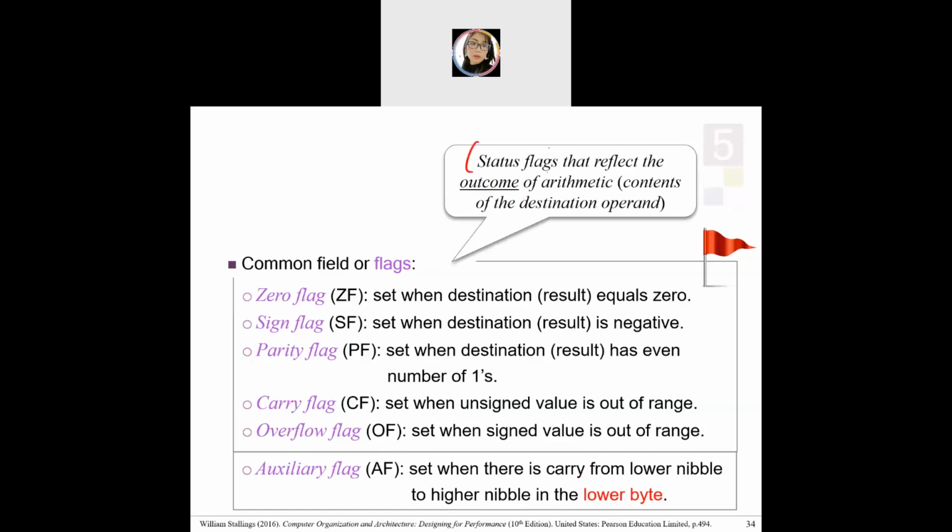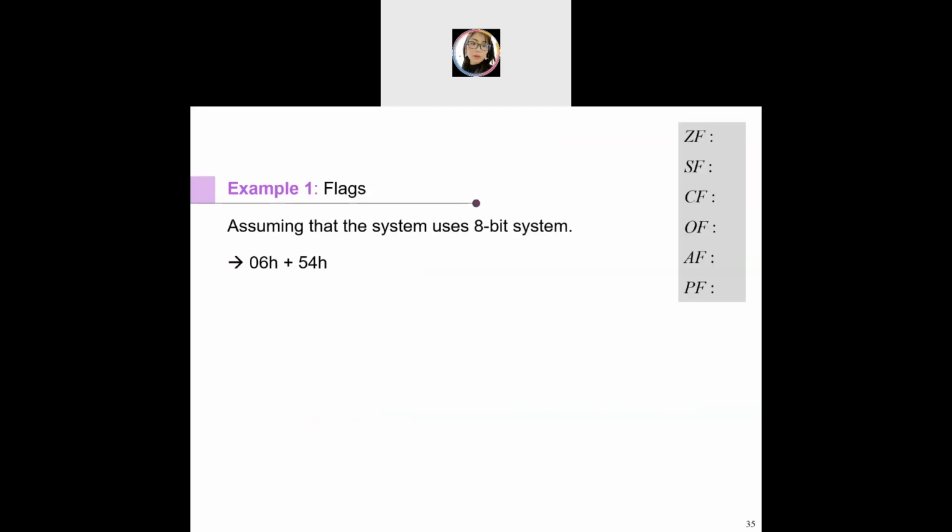So your status flag will depend on the output. It will show whatever output, then it is going to be seen in your flag of the arithmetic, which is the content of the destination operand. So we have an example here.